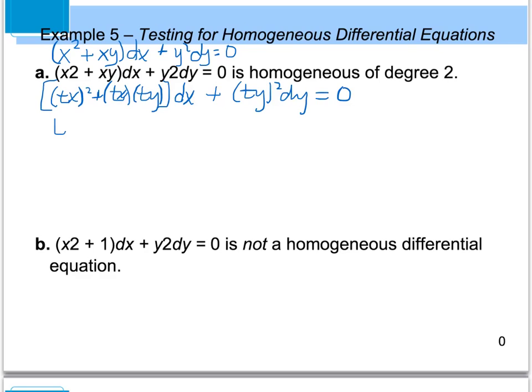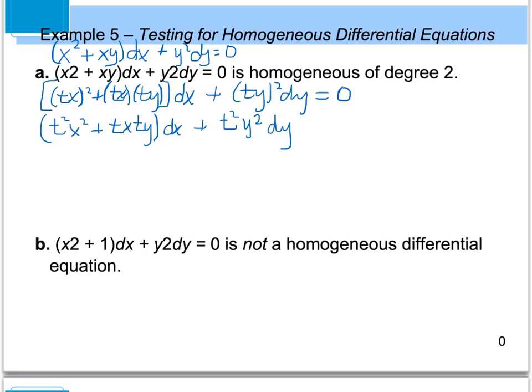So when I simplify, I have t squared x squared plus tx ty, all of that's times dx, plus t squared y squared dy.